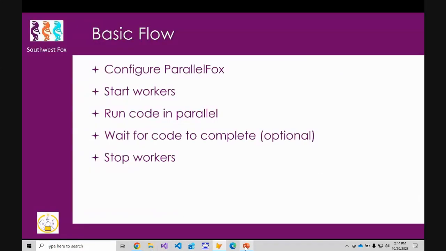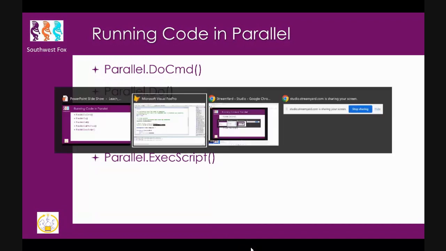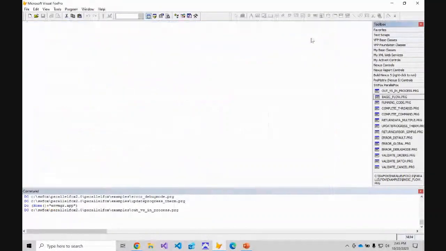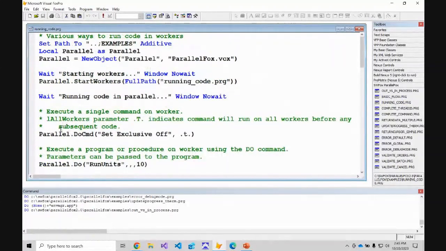Let's look at the various ways to run code in parallel. And they mirror basically all the ways you already know of how to run code in VFP. And they're listed here, but again, it's easier to see in code. So I've got my worker started up, and the first way that I can run code is by calling parallel do command, and that's going to execute a single command within a worker.